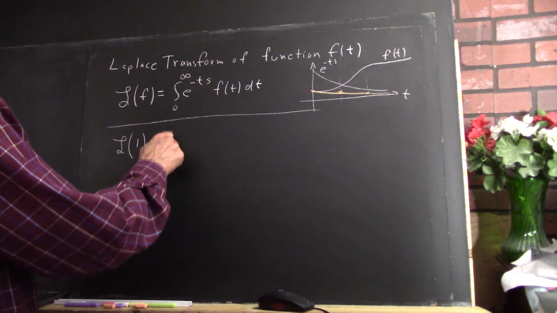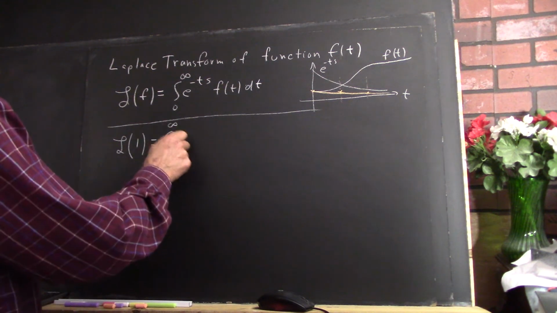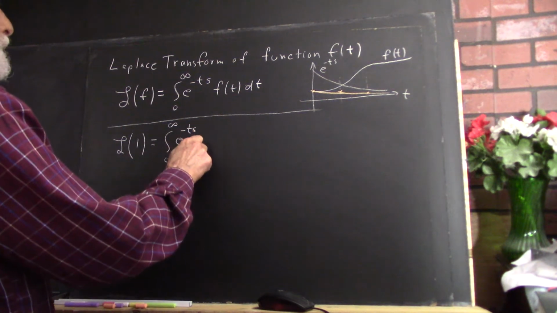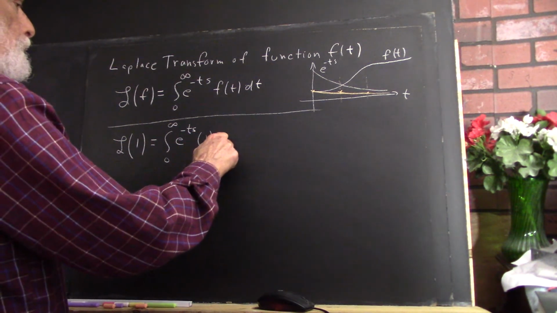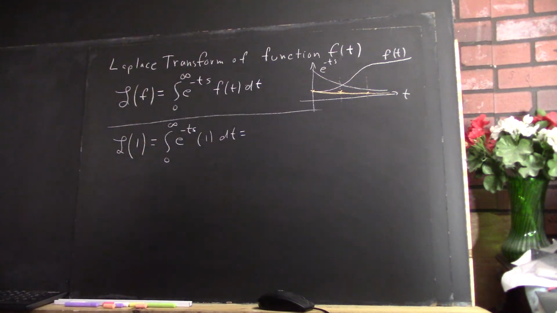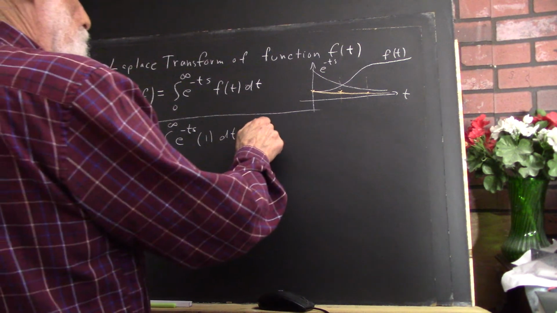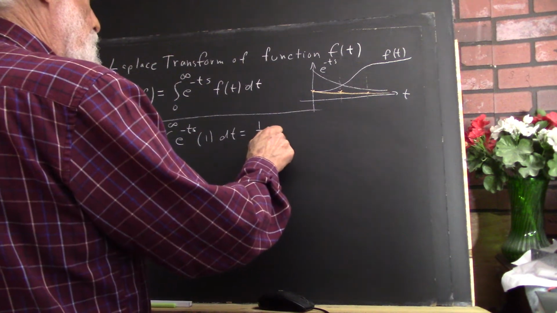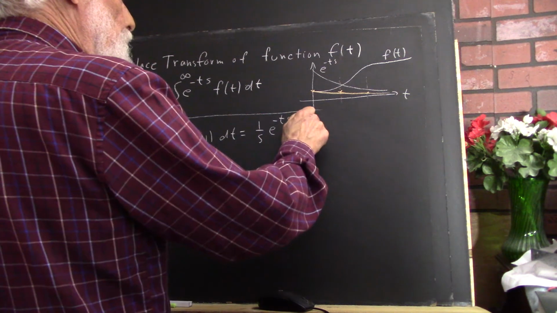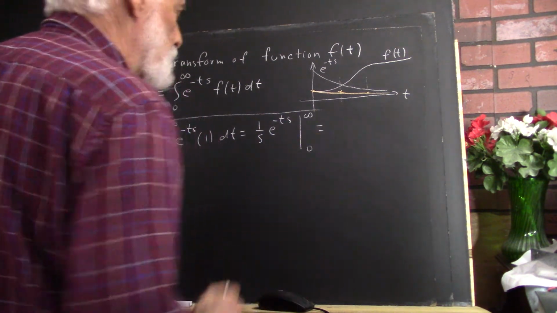F of t is 1, so you're just integrating e to the negative ts from 0 to infinity. Well, the antiderivative of e to the negative ts with respect to t is just negative 1 over s e to the negative ts, evaluated from 0 to infinity.